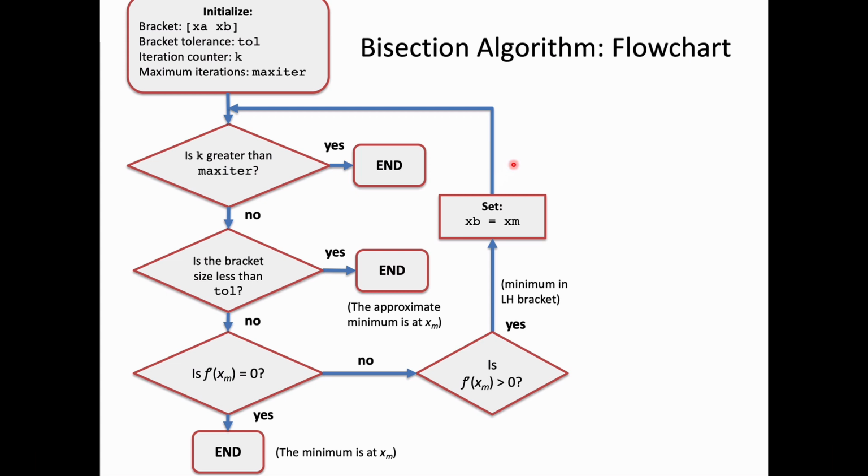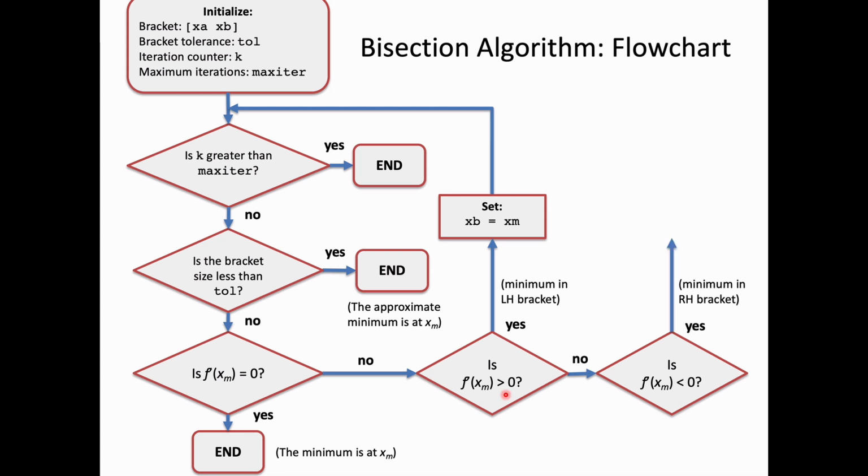But we've not yet covered the case where this is not true. So if it's not equal to 0 and it's not positive, then what's the other possibility? Is the derivative less than 0? If yes, then we have the minimum in the right-hand bracket instead of the left-hand bracket.